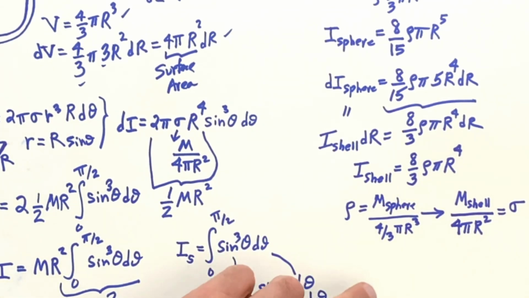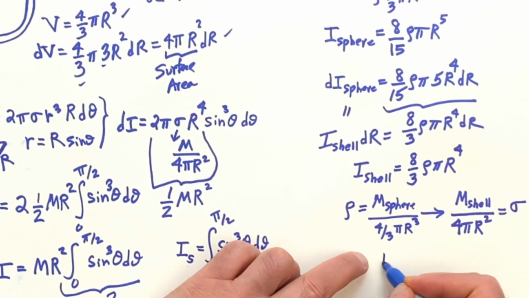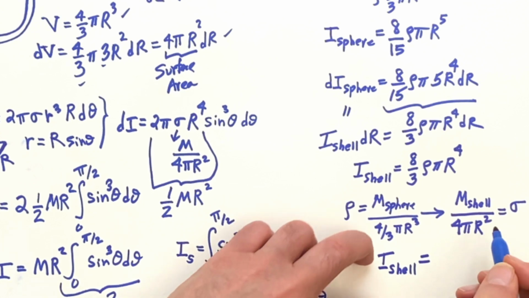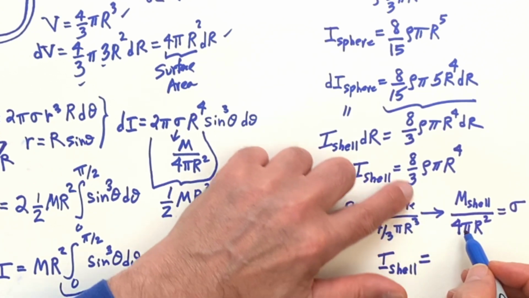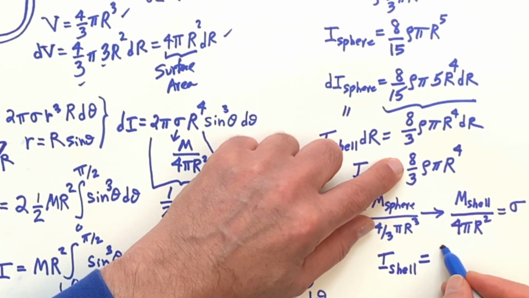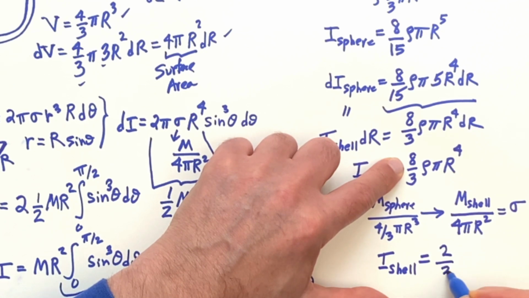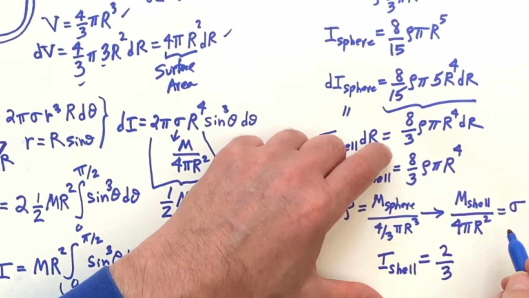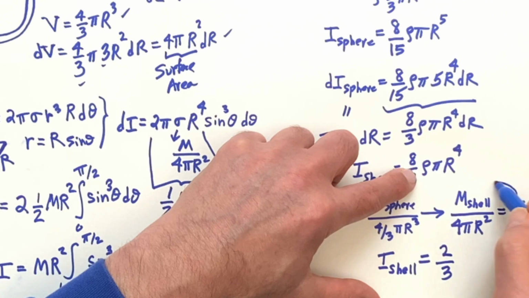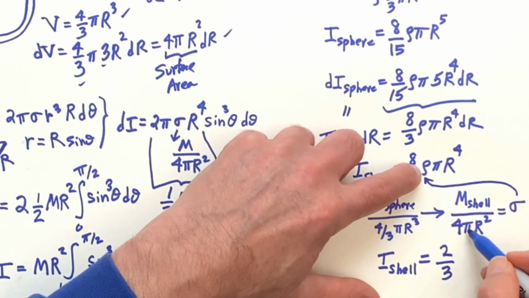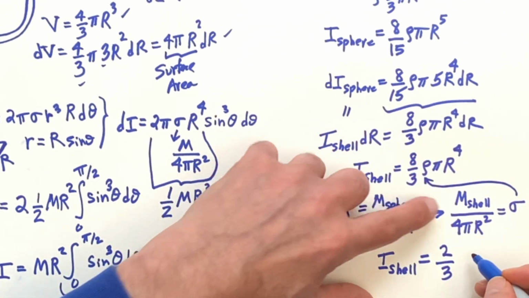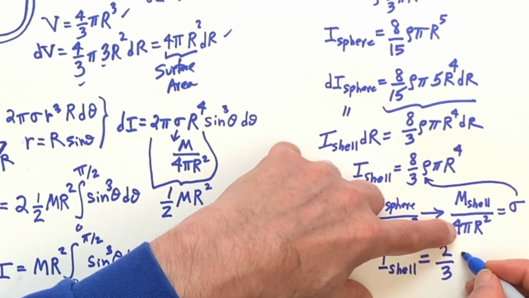So by doing that step, we have I shell is equal to, the 4 will go into the 8, and that'll get you 2/3. So this is going in for this. The pi will cancel, and one of the r's will drop out, and you'll have the mass of the shell.